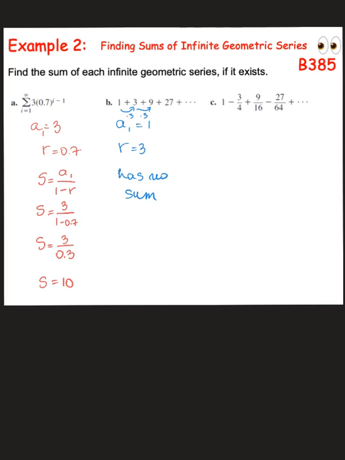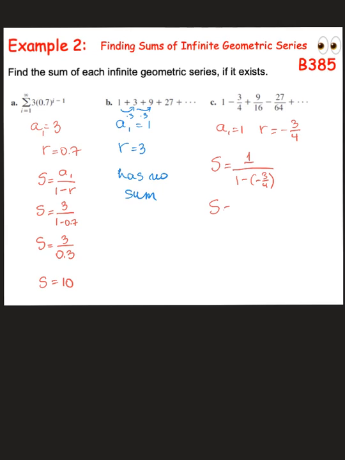And then let's look at our last problem. Here we have the first term is equal to 1, and the common ratio is going to be -3/4. So now we can find the sum. So the sum is going to be the first term, which is 1 divided by 1 minus -3/4.